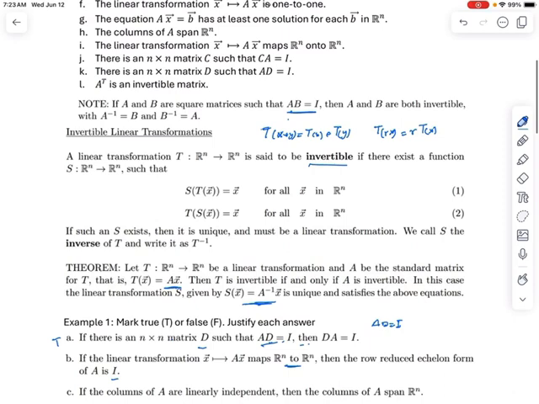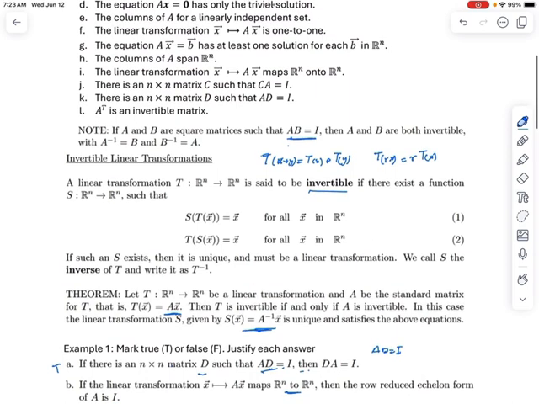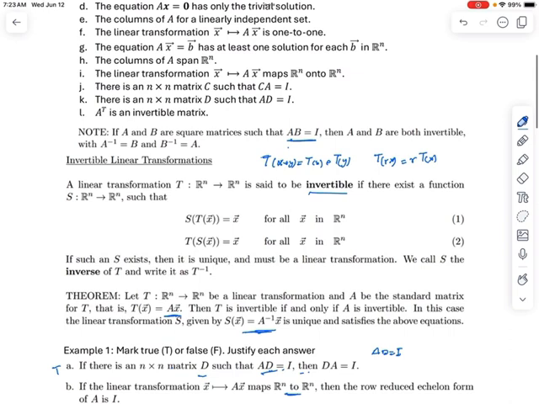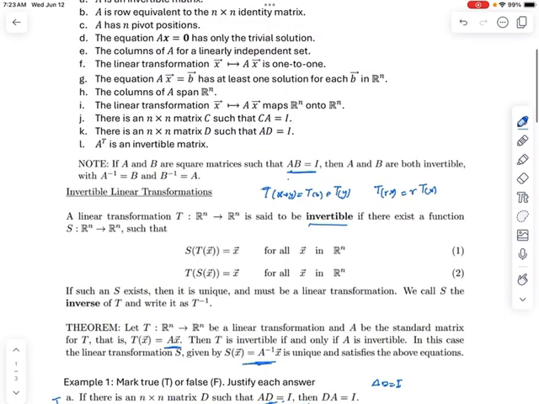The linear transformation x to Ax maps Rn onto Rn, not just to Rn, but onto. That's why this statement is not correct.